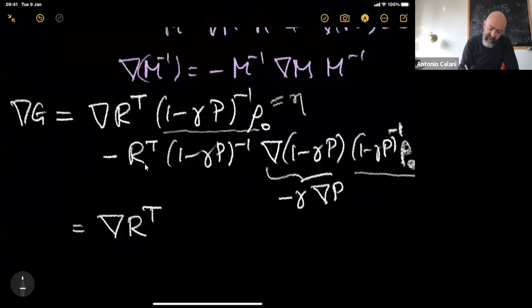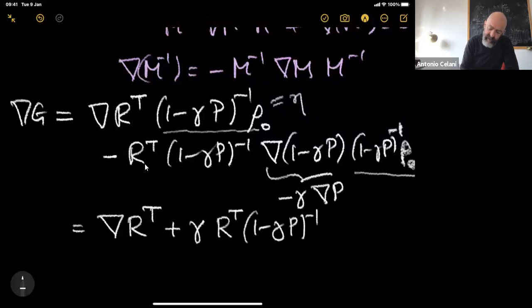So this becomes grad RT plus gamma RT 1 minus gamma P minus 1, all of this multiplied by eta.